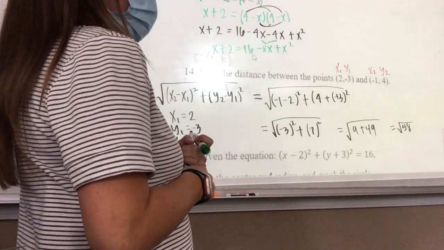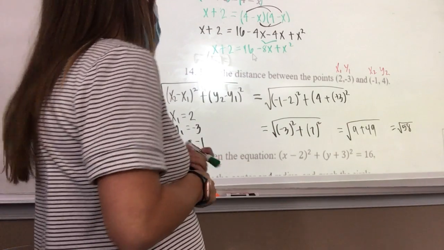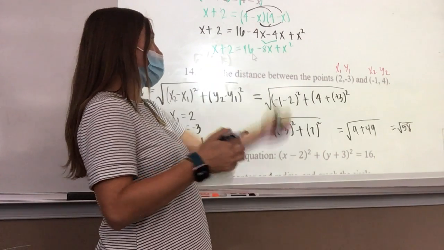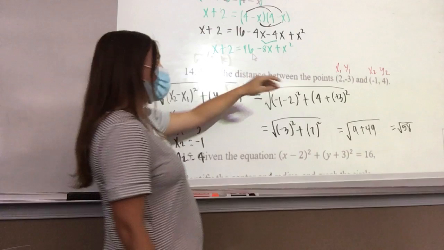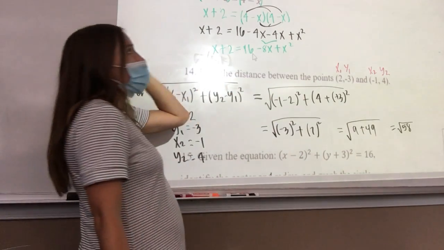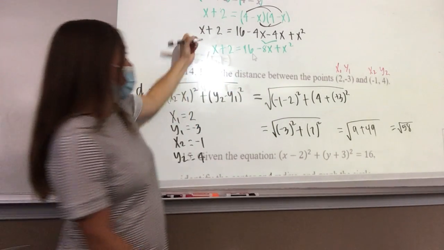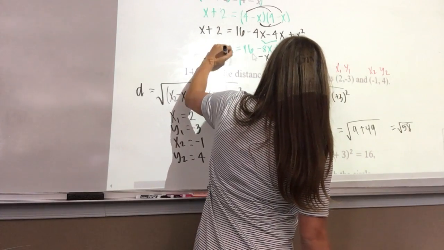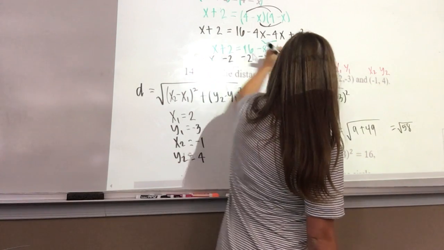Yes, basically subtract. So we're gonna subtract these two terms to the other side. The reason we have to do this is because this is an x squared, and it messes everything up. So y'all are right. I'm gonna subtract the x and subtract the 2.